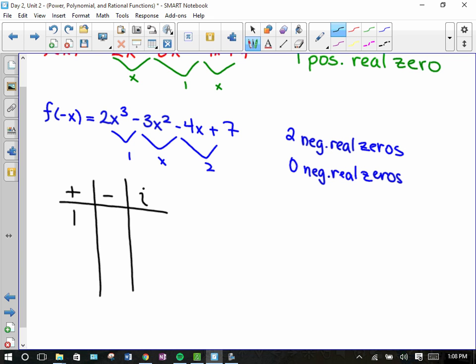So one positive zero, now there's 2 negative zeros. That's 3 total, that means there's 0 imaginary. But also a possibility of having 0 negative zeros. So 1, 0, that means the possibility of there being 2 imaginary zeros. And I've now described the nature of those real zeros.